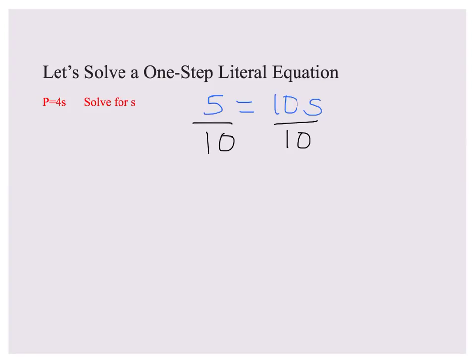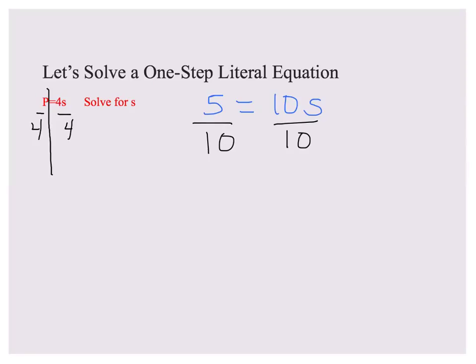How can I move that 4 away from the s? By doing opposite operations. So the opposite of 4 times s is divide by 4. So we're going to divide both sides of our equation by 4. And let's draw our line down the equal sign.